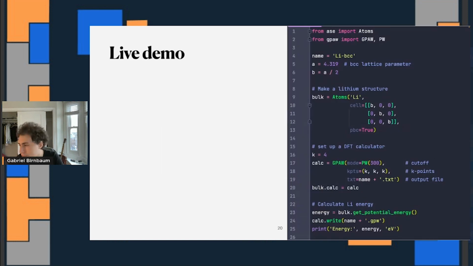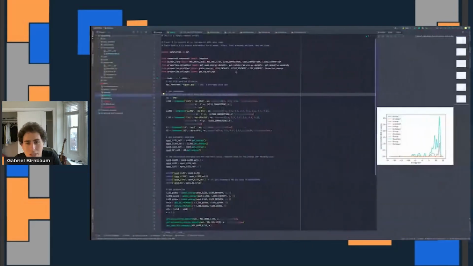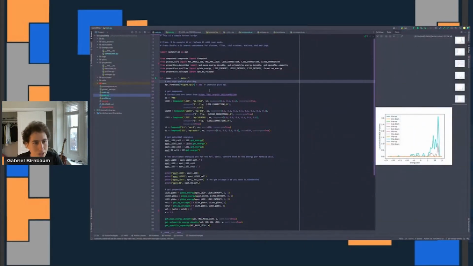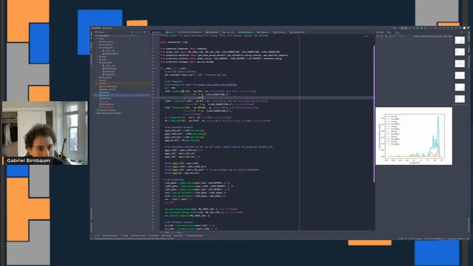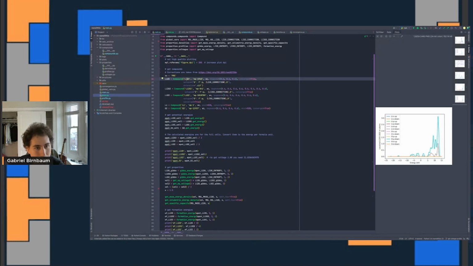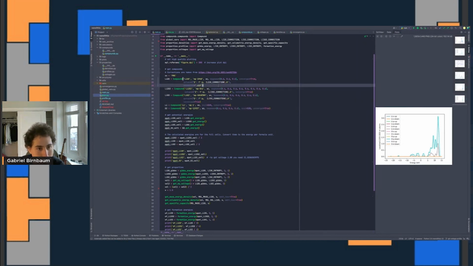We can do a bit of a live demo. Let's see here. So this is my workstation, let me zoom in for you. This is a battery system I was working on in the summer, which is a lithium oxide battery system. In this, you can see that I set a few compounds here. So I define them. I have some corrections. This is a bit more advanced, like production code.